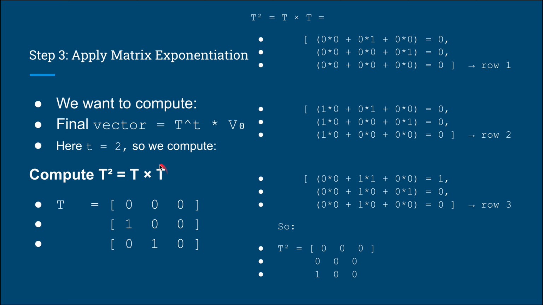If you do the matrix multiplication, for example, if the matrix is 0 0 1, 0 0 0, 1 0 ..., you will do it like this, and you will find 0 0 0 for row 1, 0 0 0 for row 2, and 1 0 0 for row 3. So the final matrix for T2 will become 0 0 0, 0 0 0, 1 0 0, right? Like this you will have.